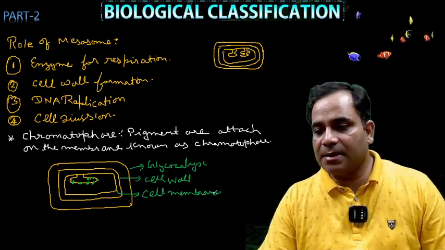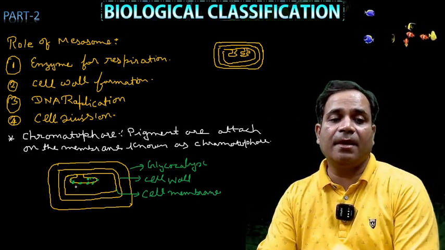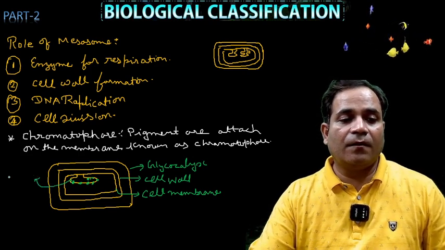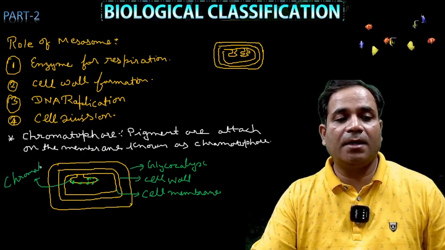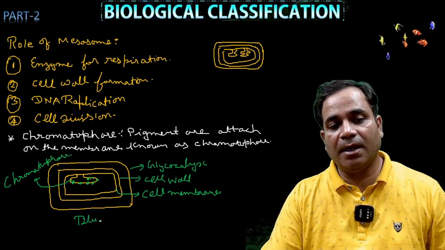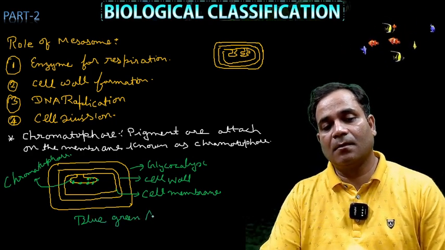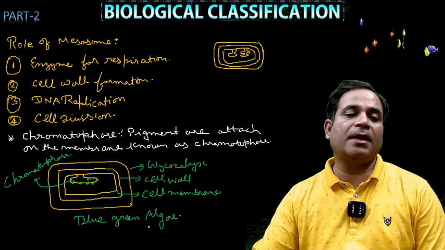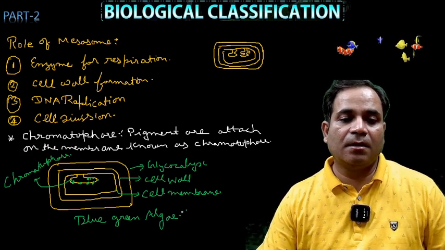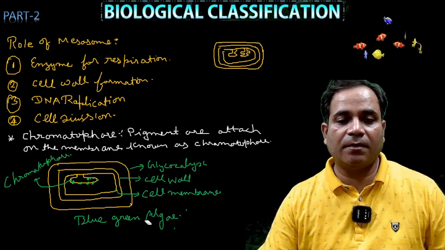So here I am saying this extension of the cell membrane is chromatophore, which is basically found in cyanobacteria.